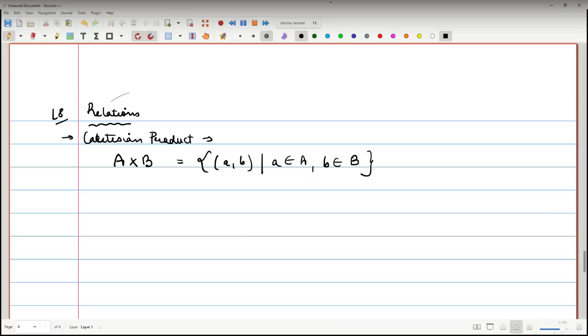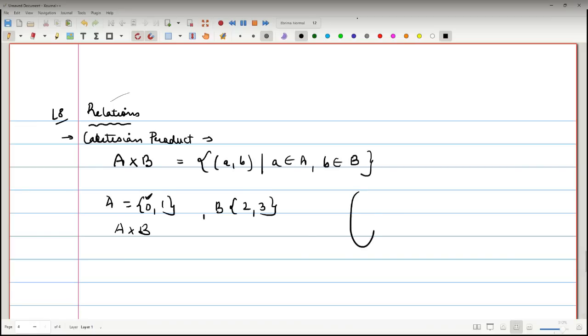Okay. So let's say you have one set A which has 0, 1, and you have another set B which is 2, 3. Now I ask you to please find the Cartesian product A cross B. You are not multiplying, you are just combining them.